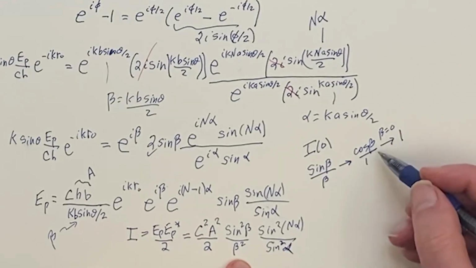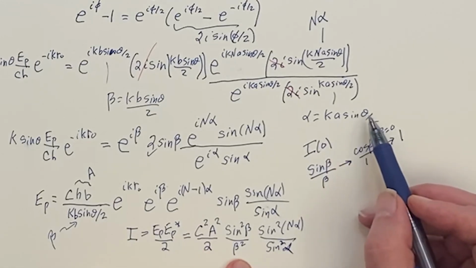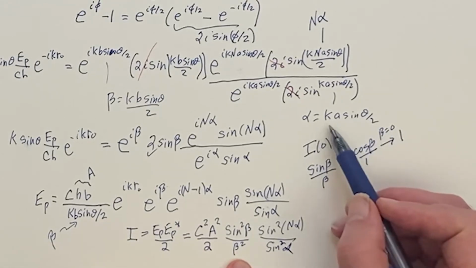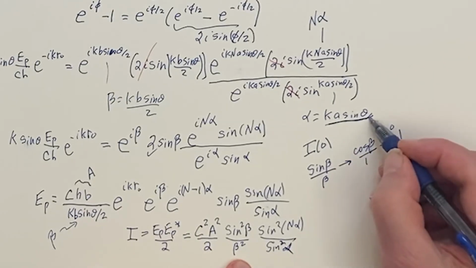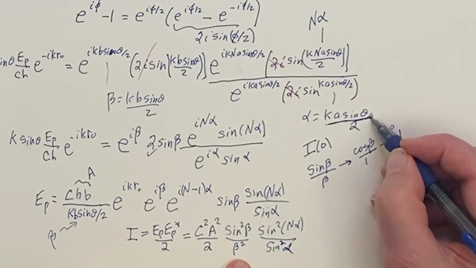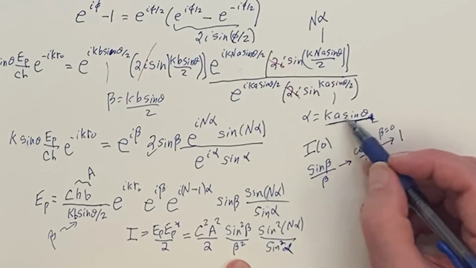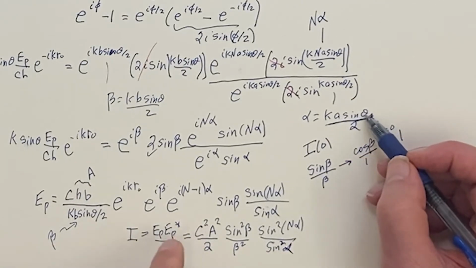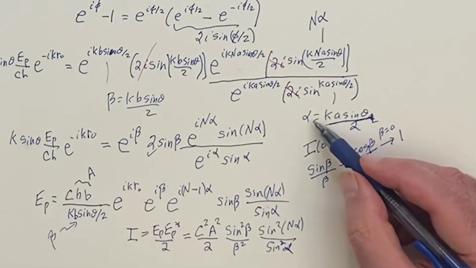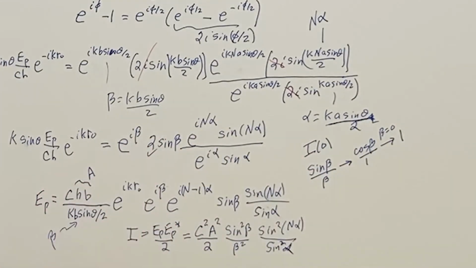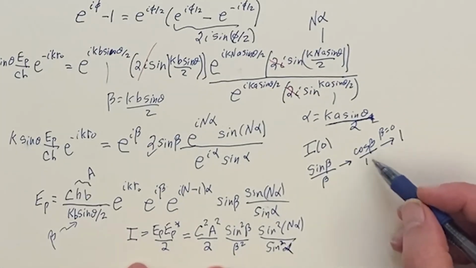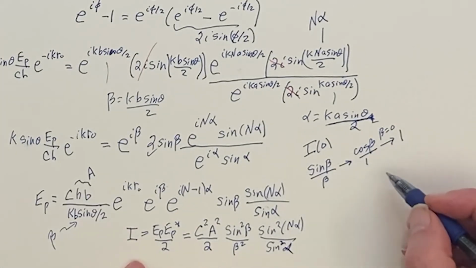And that corresponds to theta equals 0. When theta equals 0, you see, here's your alpha. Let's go ahead and put the 2 there. So the alpha is ka sine theta over 2. So theta is 0, alpha is 0. If beta is 0, that goes along with theta being 0. All right, so that's at the central point at 0 radians.